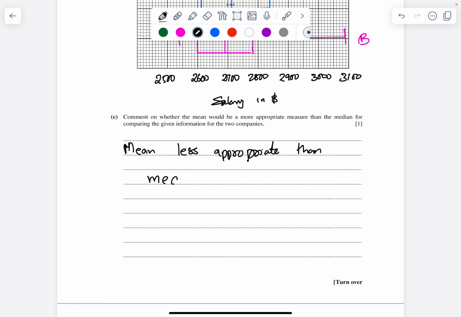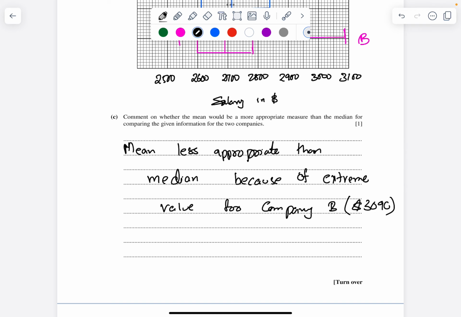Remember, this is the standard question. Mean is less appropriate than median because of the extreme value for company B. Company B has an extreme value of 3090.